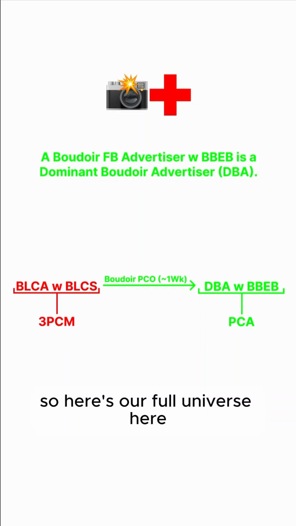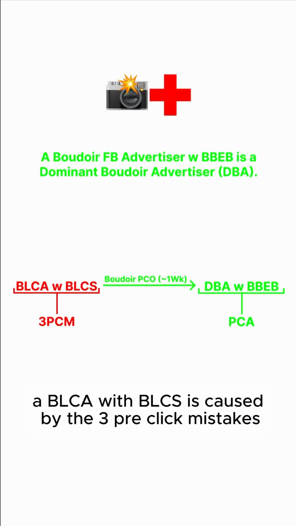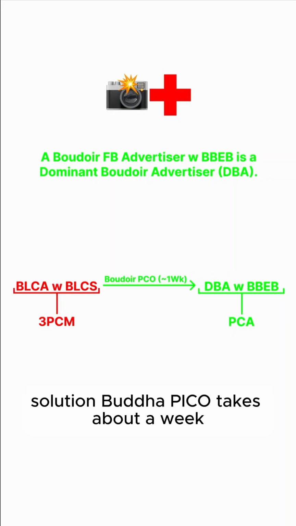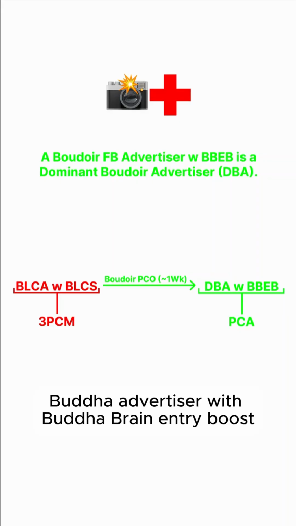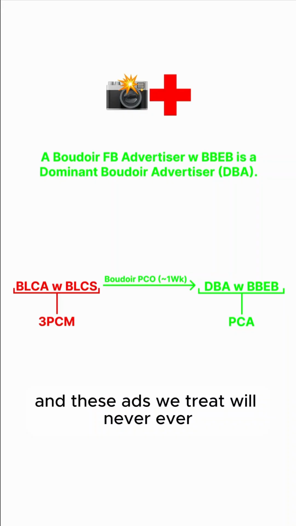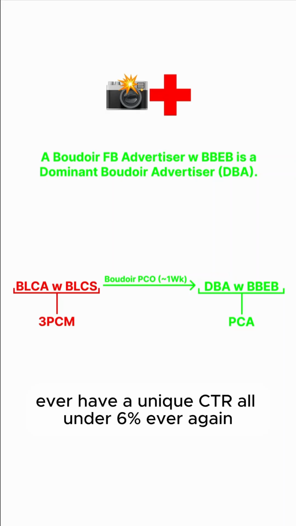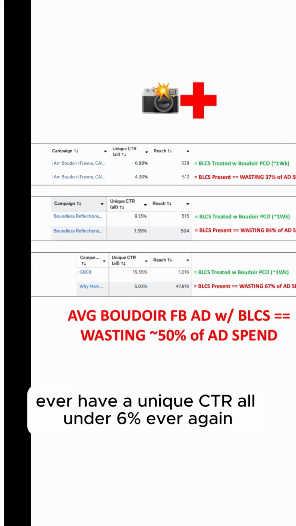So here's our full universe: a BLCA with BLCS is caused by the 3 pre-click mistakes. Solution: Boudoir PICO takes about a week. Achieve pre-click alignment, become a dominant Boudoir advertiser with Boudoir brain entry boost. And these ads we treat will never, ever have a unique CTR under 6% ever again.